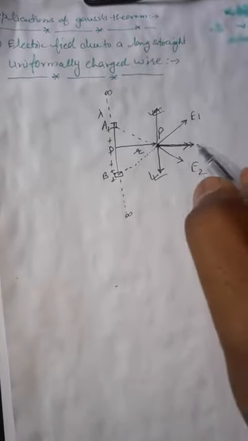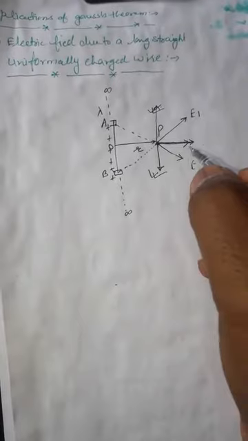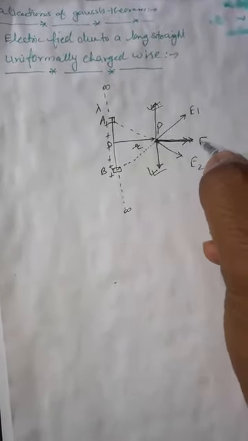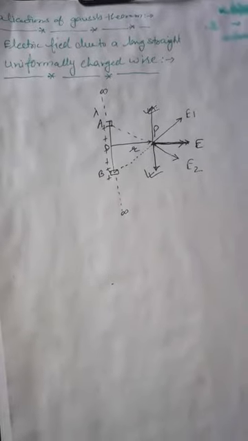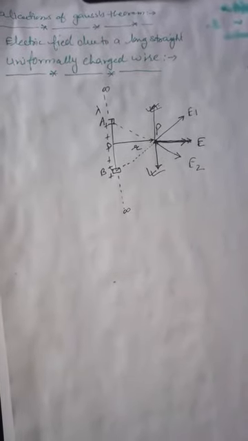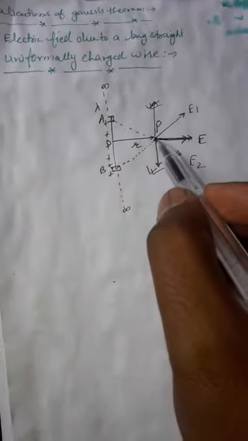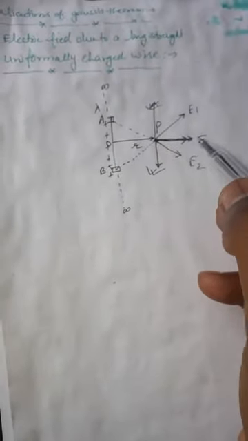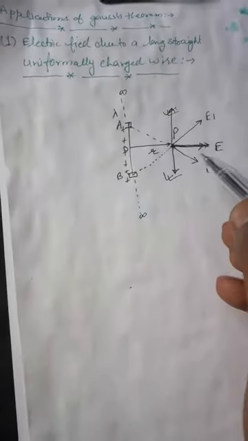So the net electric field at point P is always directed along this line, say the resultant field E. So we can say that due to a long uniformly charged wire, the electric field is always perpendicularly outward for a positively charged wire. This kind of electric field is called a radial electric field.